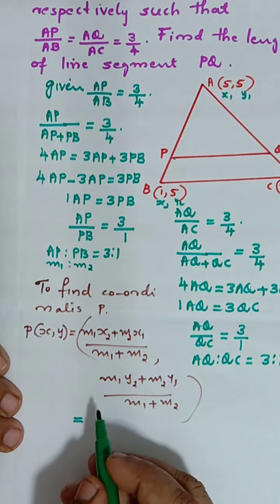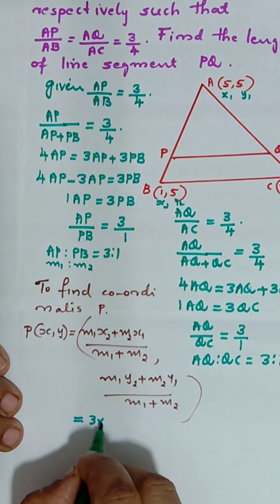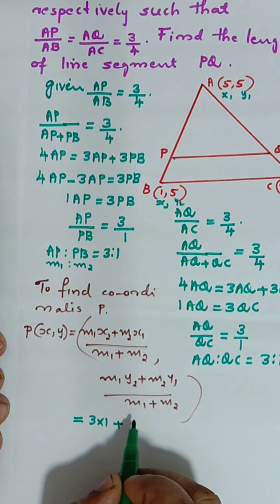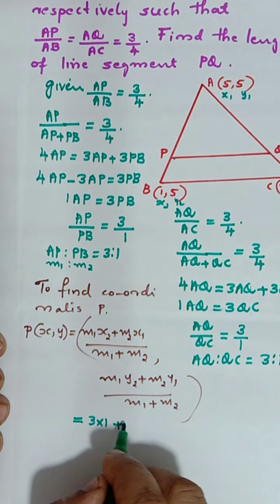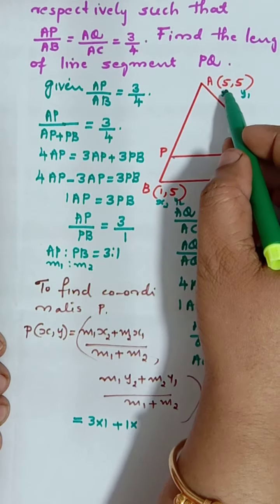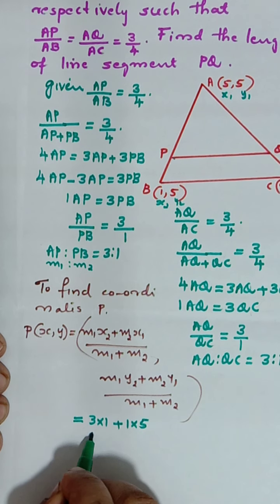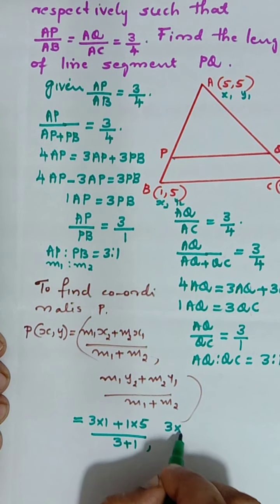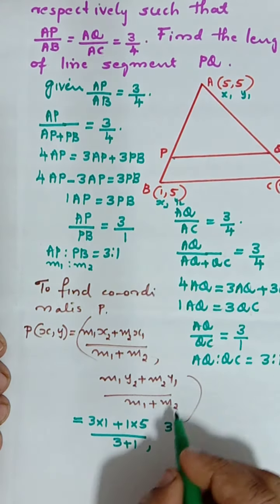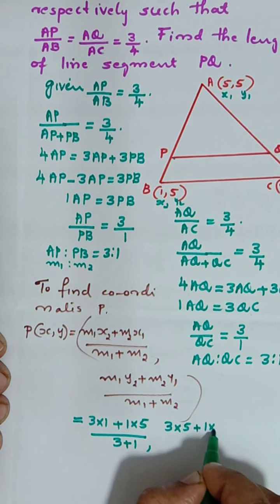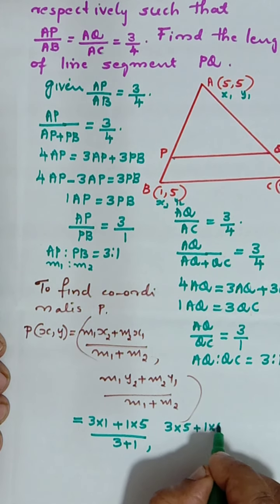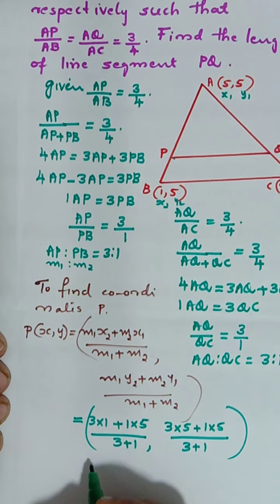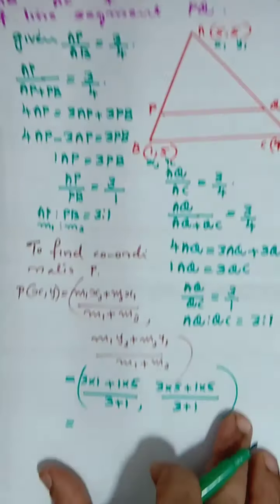Now let us substitute. m1 is 3 into x2 is 1, plus m2 is 1 into x1 is 5, divided by m1 plus m2. m1 y2 is 5 plus m2 y1 is 5, divided by m1 plus m2. That's equal to, now let us simplify.